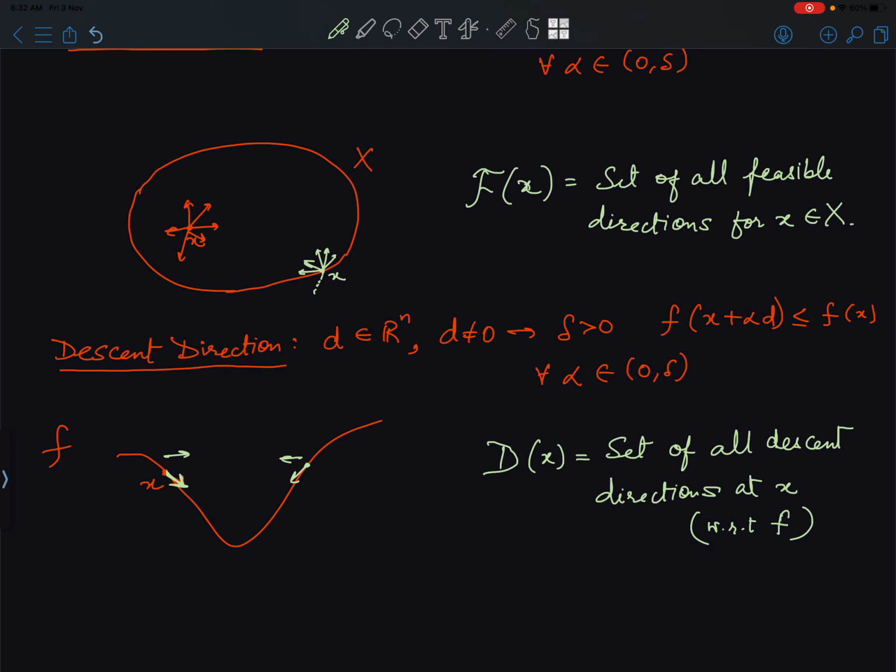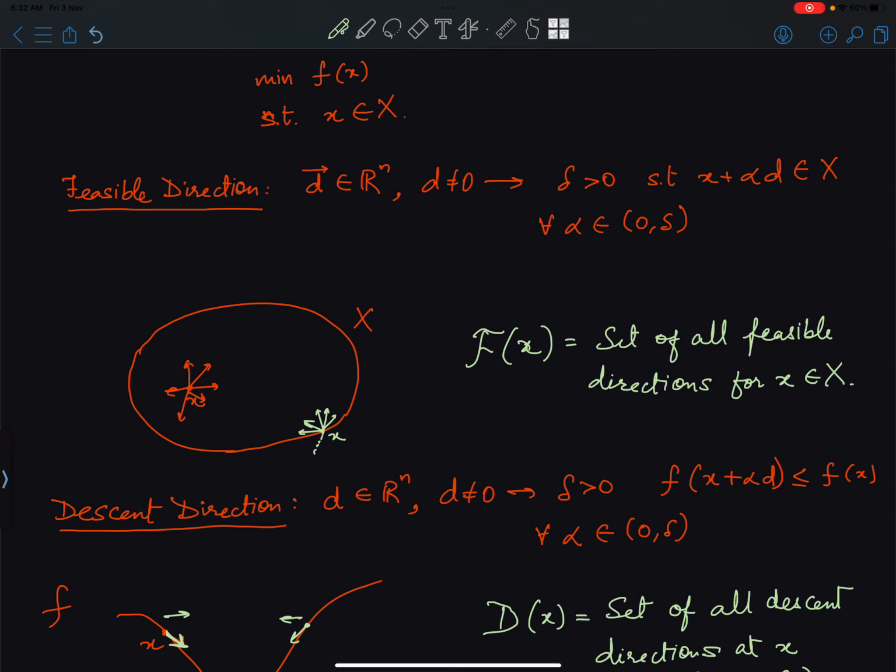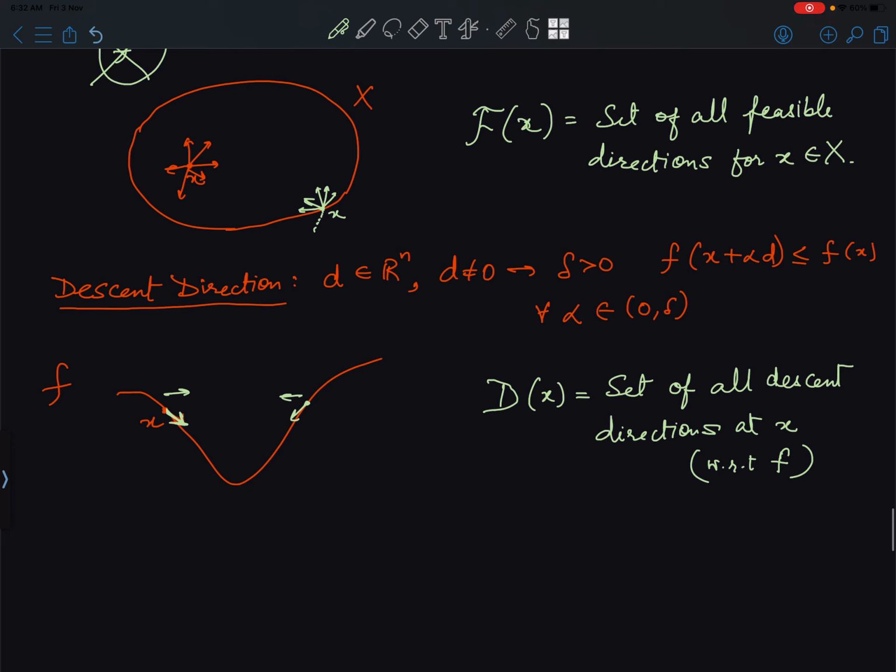You'll note that for defining a feasible direction, you don't really need a function f. In this case function f is not needed. However, when defining descent direction, we need to define it with respect to a function f, because we are talking about the descent direction in terms of function f. So if the function f changes, the descent directions will also change for a particular x, right? Again in this case x belongs to capital set X.